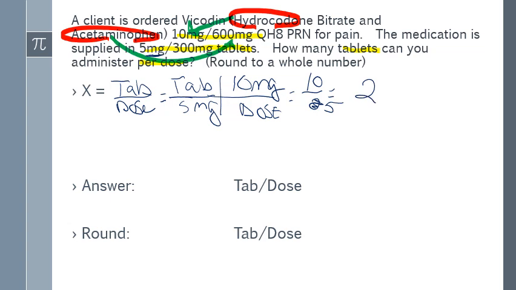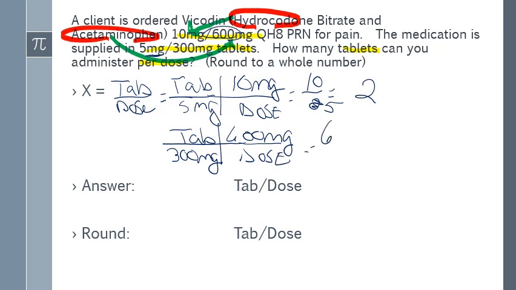So here's how it goes when you use the other side. In a tablet, okay, there's 300 milligrams of Tylenol, but the order is showing you 600 per dose.